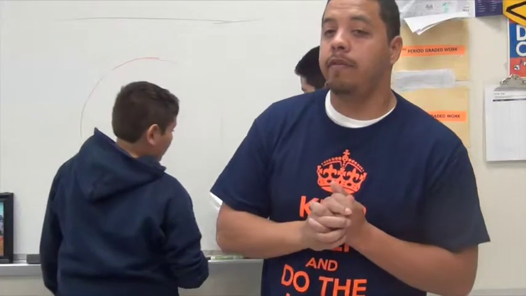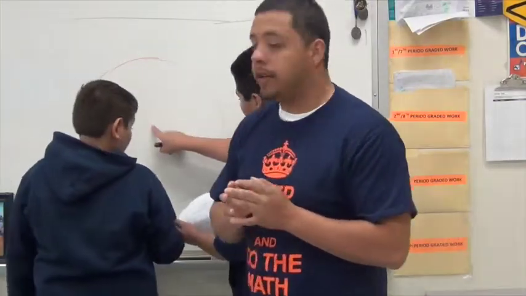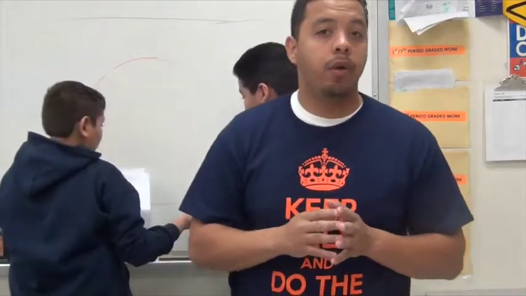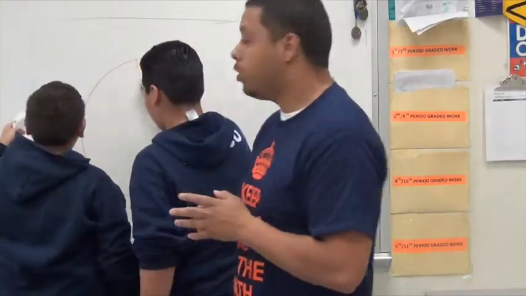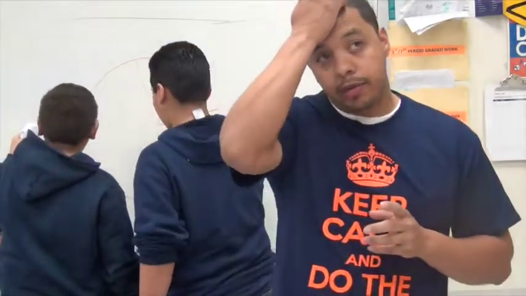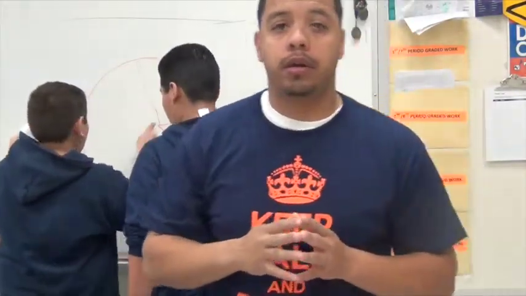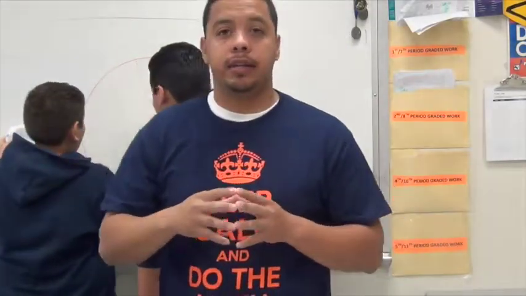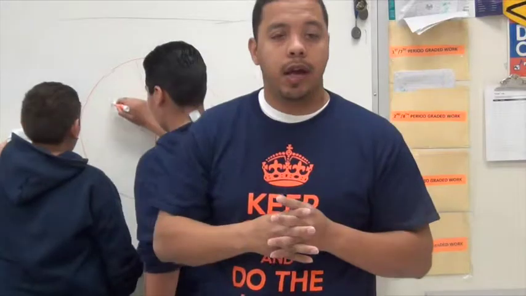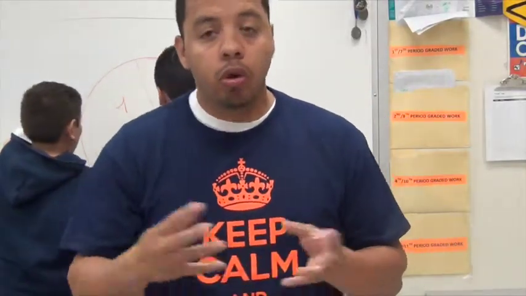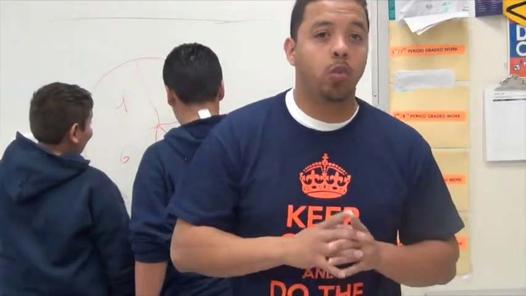Okay, so now we have Andrew and Victor working out problem number 44. Number 44 in particular deals with a circle graph. And circle graphs are important because you have to understand that the total for a circle graph is 1.